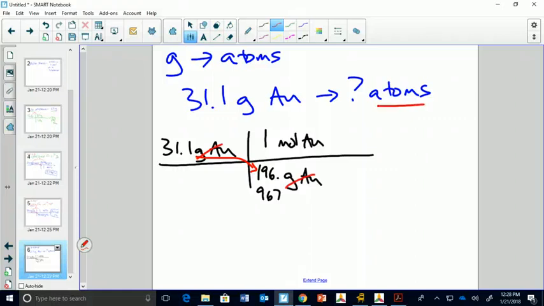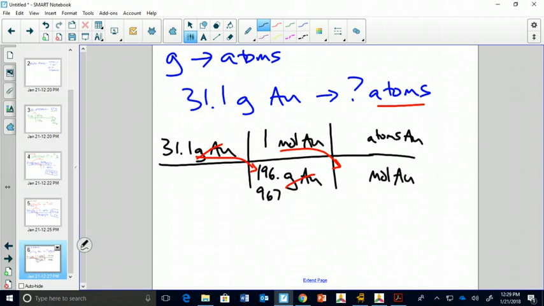But I'm not done. I want atoms. I don't want moles. So therefore, I'm going to use my new conversion. Oh, sorry, this was my new conversion we just taught you, the grams to moles. I'm going to use my old conversion. Again, units from here going down, that moles of Au can become atoms of Au.